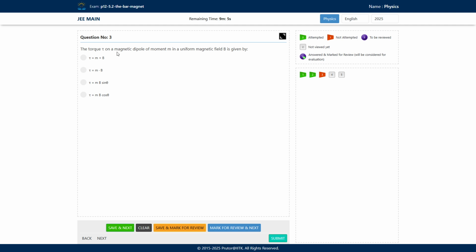The torque tau on a magnetic dipole of moment m in a uniform magnetic field B is given by. So what is the torque? This we have discussed. This is not relevant to this topic, but we have discussed it earlier.